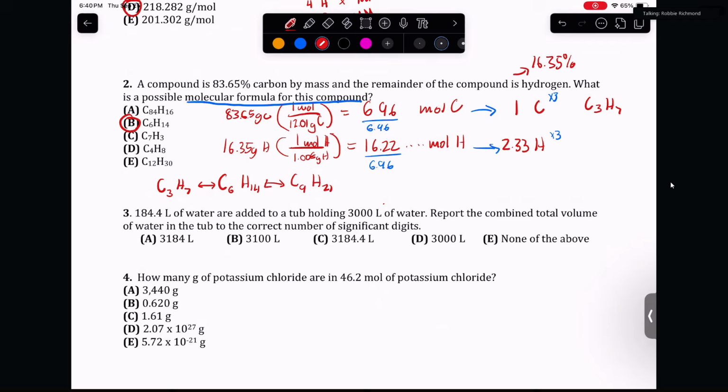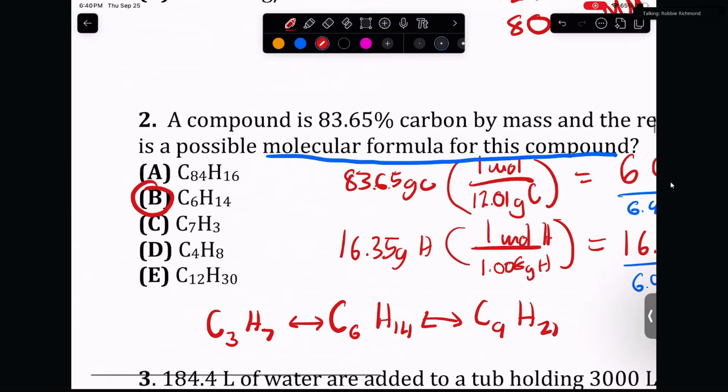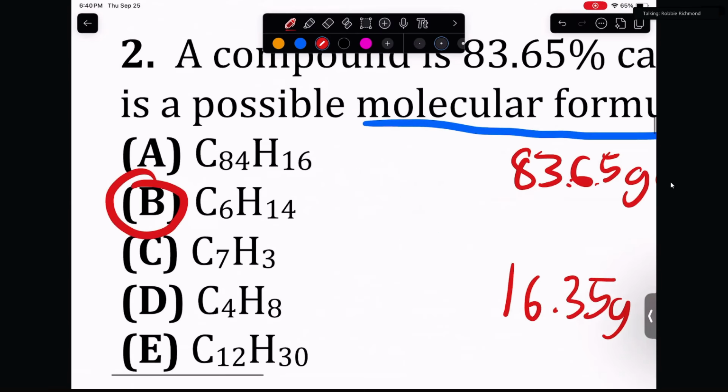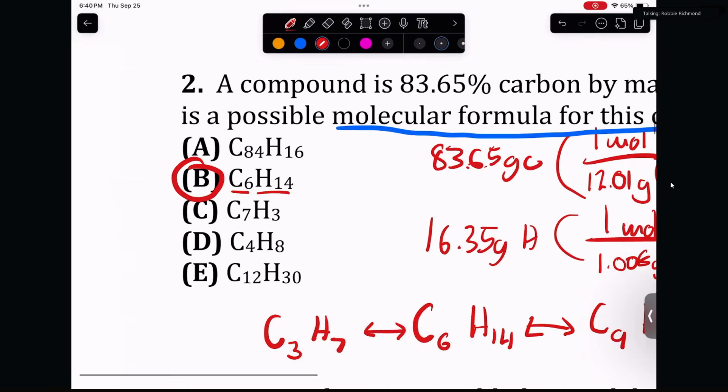The less intuitive way to solve this, and this only works for multiple choice questions, is to look at the molecular weight of each answer choice and multiply it by how much you have and get a ratio and percentage based off of that. So what do I mean by that? 6 times 12.01, that is 72.06, plus 1.008 times 14.